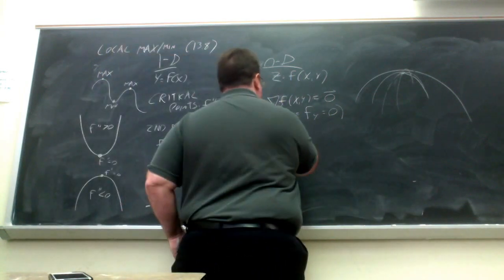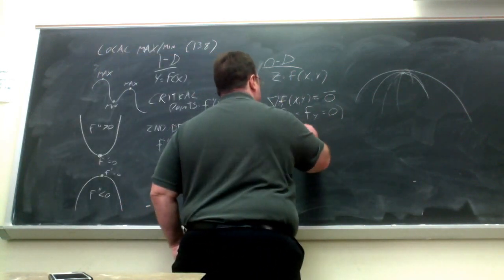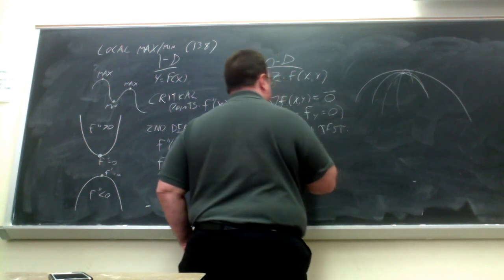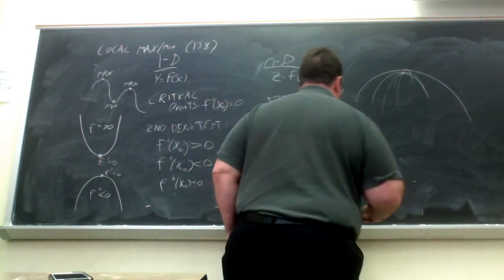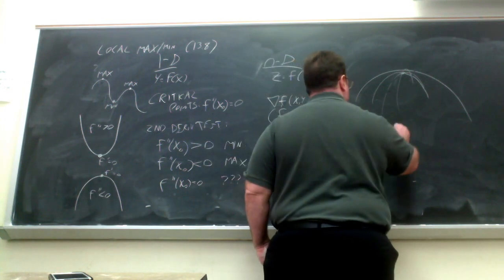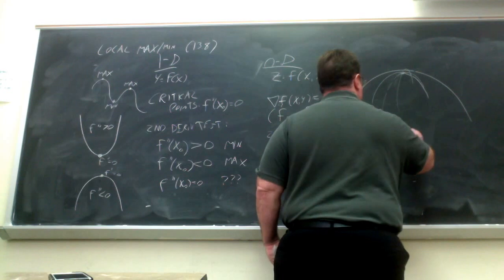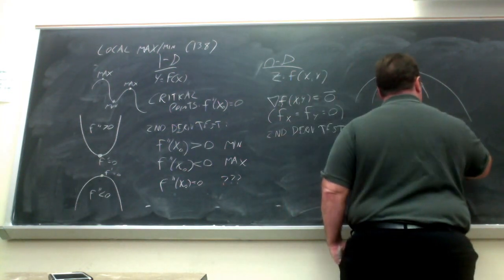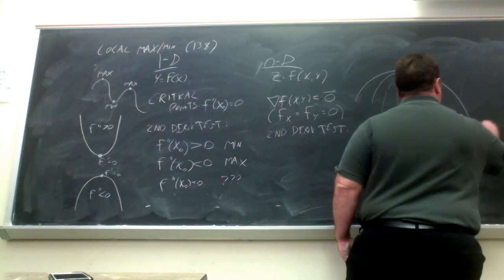Okay. Now there is a second derivative test. I'm going to define some notation here. It's called the Hessian of f.